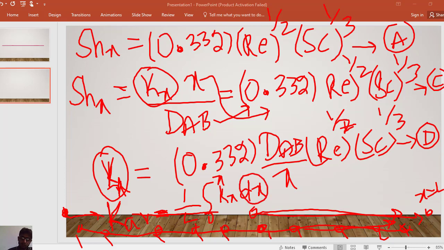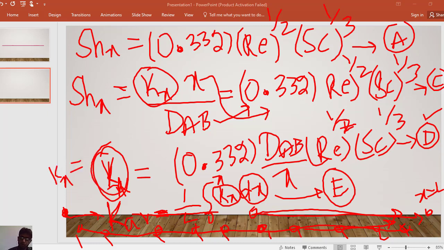Suppose this is equation number E. Now put equation D, the local mass transfer coefficient Kx, into equation E. We will get the average mass transfer coefficient and the relation between the local and average mass transfer coefficient from equation E.